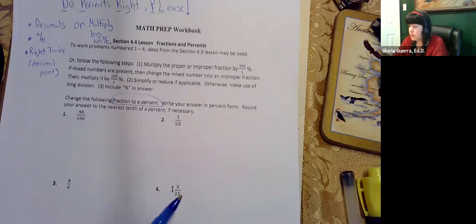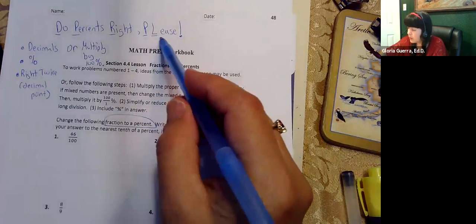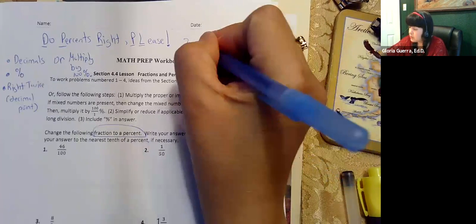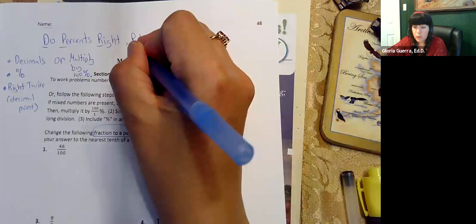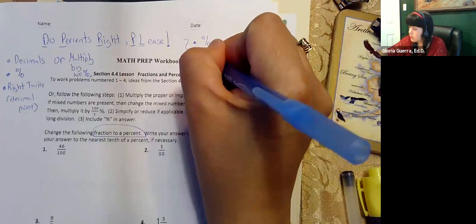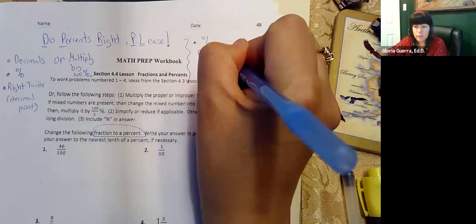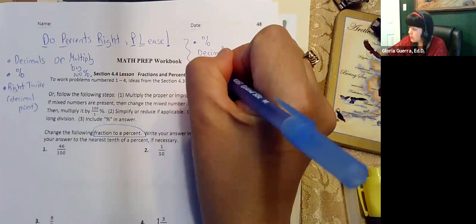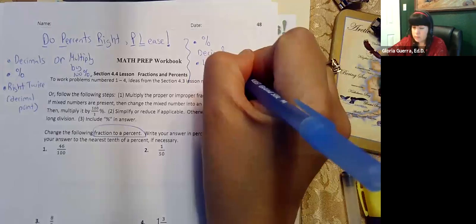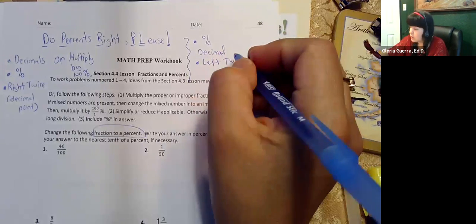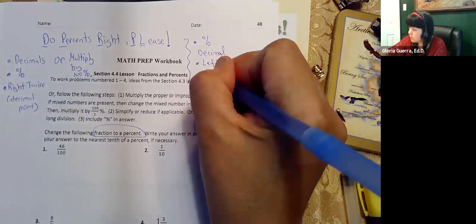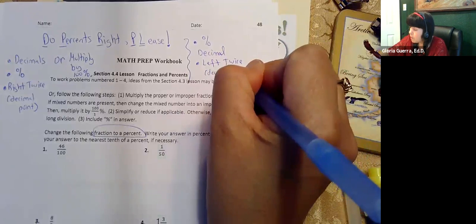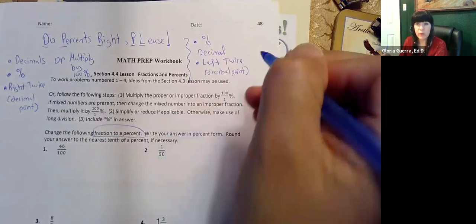Now, the other part of the idea is the L in please, and that stands for if you have a percent, the P, and you want to change it back to a decimal, then the L means the decimal point gets moved to the left twice.